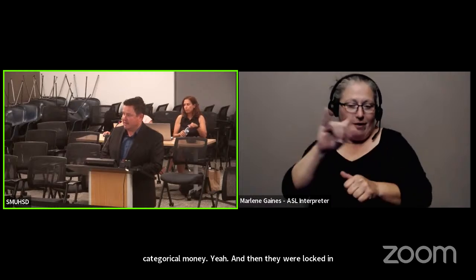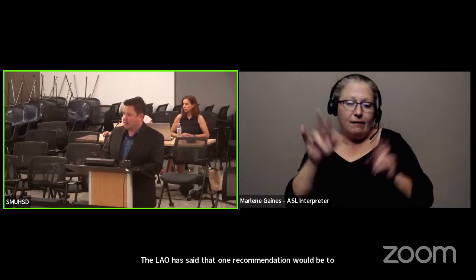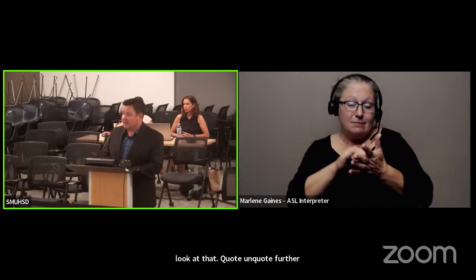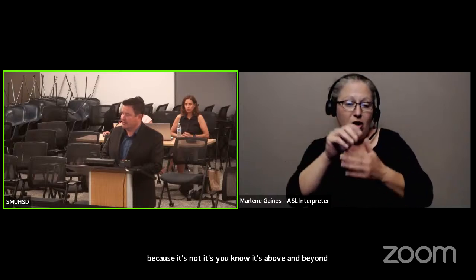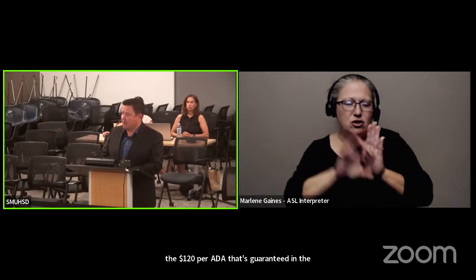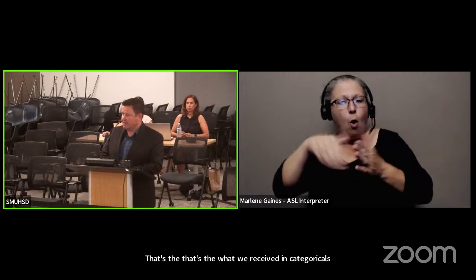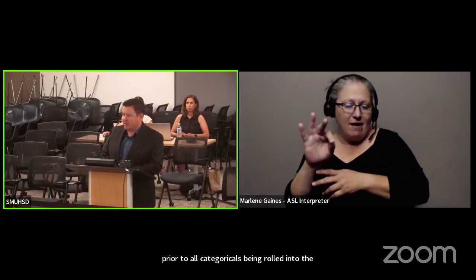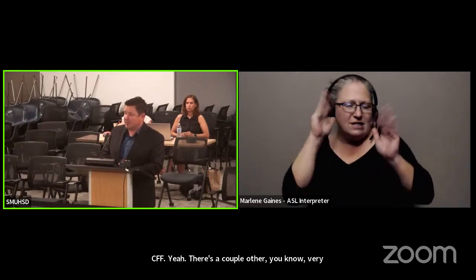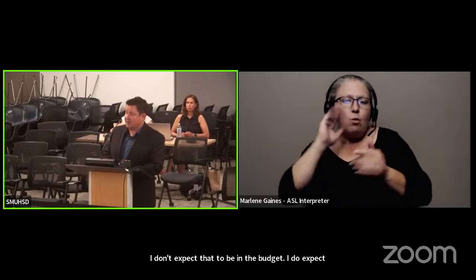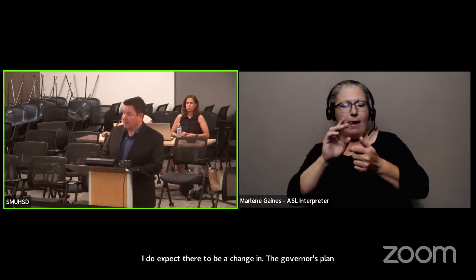The LAO has said that one recommendation would be to look at a further cut, potentially, because it's above and beyond the $120 per ADA that's guaranteed in the state constitution. That's what we received in categoricals prior to all categoricals being rolled into the LCFF. There are a couple of other very technical things that we're going to look for. I don't expect that to be in the budget. I do expect there to be a change in the governor's plan on how they're going to manipulate Prop 98.